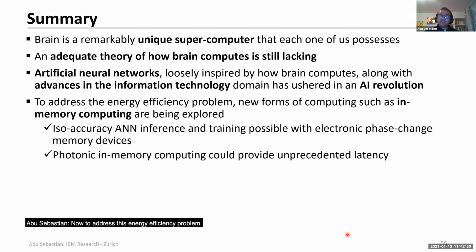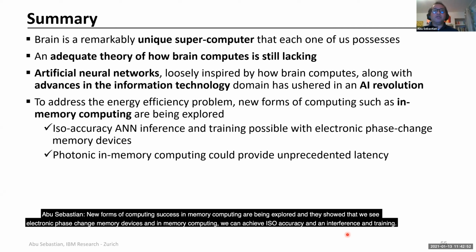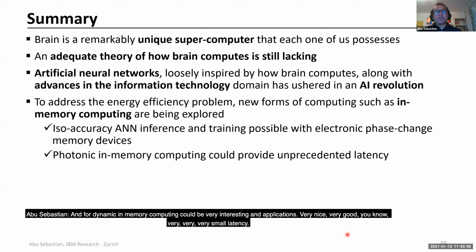Now, to address this energy efficiency problem, new forms of computing, such as in-memory computing, are being explored. I showed that using electronic phase change memory devices and in-memory computing, we can achieve iso-accuracy in inference and training. And photonic in-memory computing could be very interesting in applications where you need very small latency.